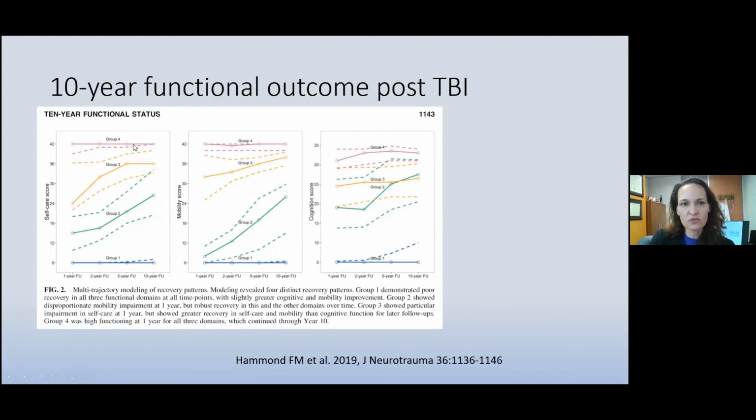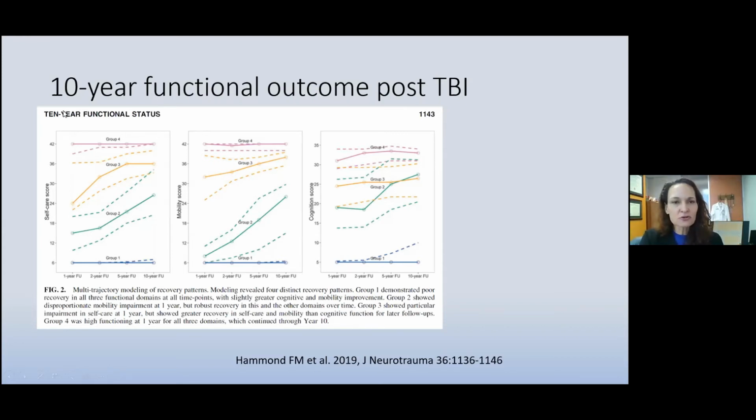Group 4, which is the pink line at the top, they did well from year 1 and they stayed good for 10 years. Group 1, which is the blue line, they really were doing poorly at 1 year and they stayed doing poorly at 10 years, right? So those are kind of the people that, if we think about our experience, are who we remember.